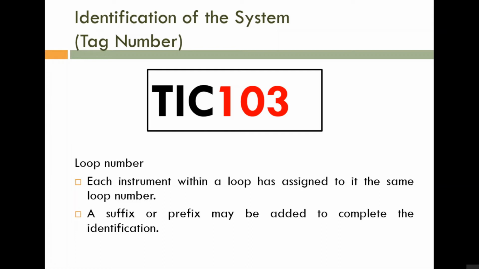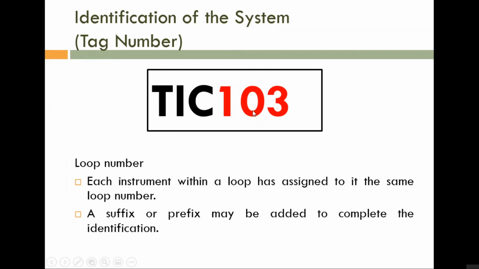For example, all instruments used for a particular level control loop, such as a level transmitter, level sensor, I2P converter, control valve, etc., are identified by using the same numeric part, 103 or 102, something like that. The same number is used for all instruments located in a particular loop.